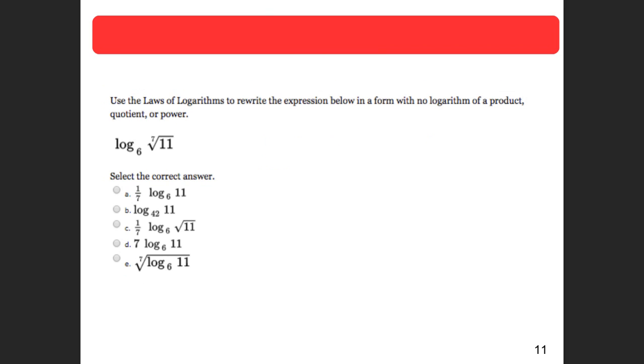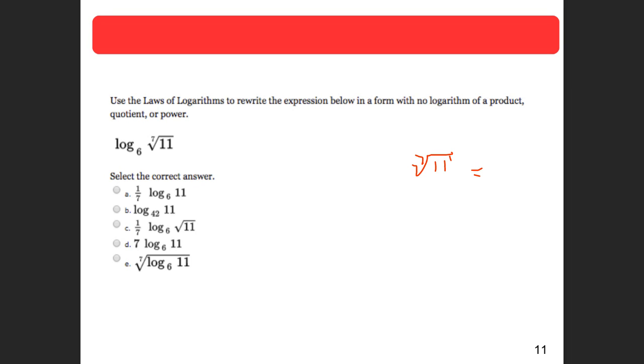Okay, next problem. It says use the law of logs to express the form with no products, quotients, or powers. Okay, so first thing I have to do is figure out how to rewrite the 7th root of 11. Well, I remember that it's power over root.